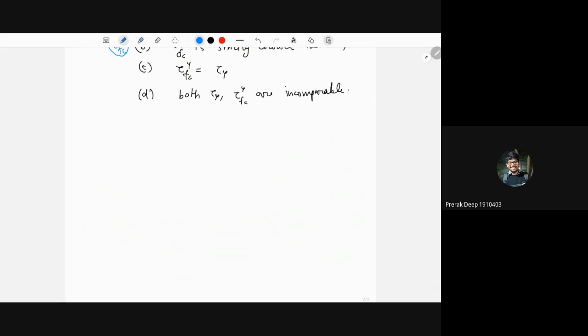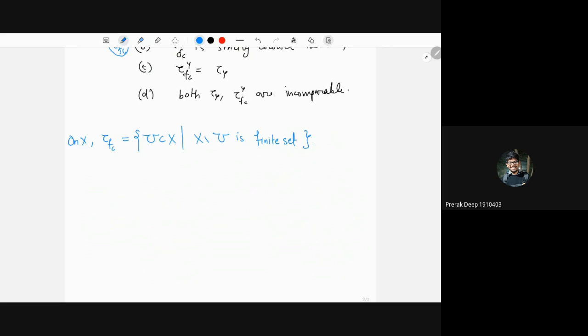Let me first write down the open sets. How do these topologies look? Tau FC, a topology on X, is the set of all subsets U of X such that the complement X minus U is a finite set.